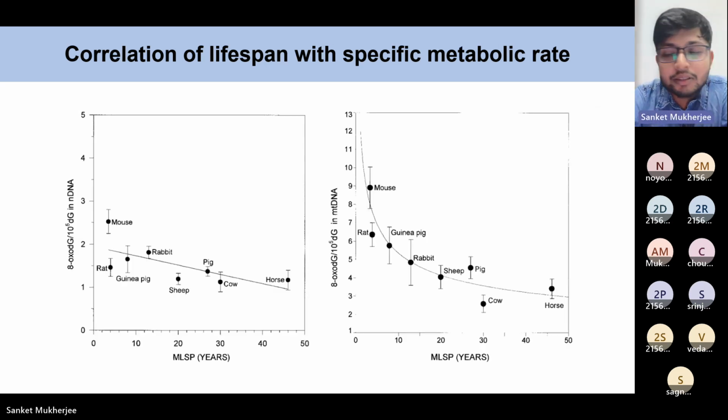Okay, here, would anybody like to state any observations? This was seen in nuclear DNA, against maximum lifespan. This is mitochondrial DNA. Any observations? Since SOD concentration is more profoundly found in mitochondria, that's why we see this hyperbolic slope.